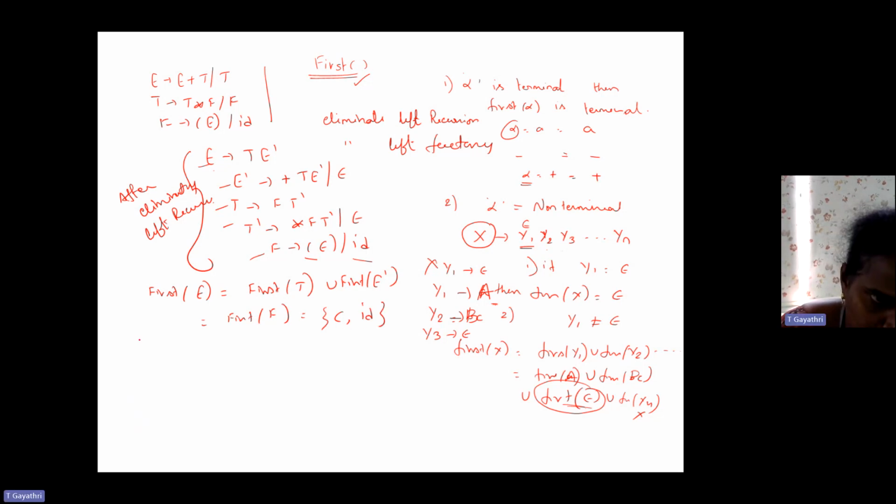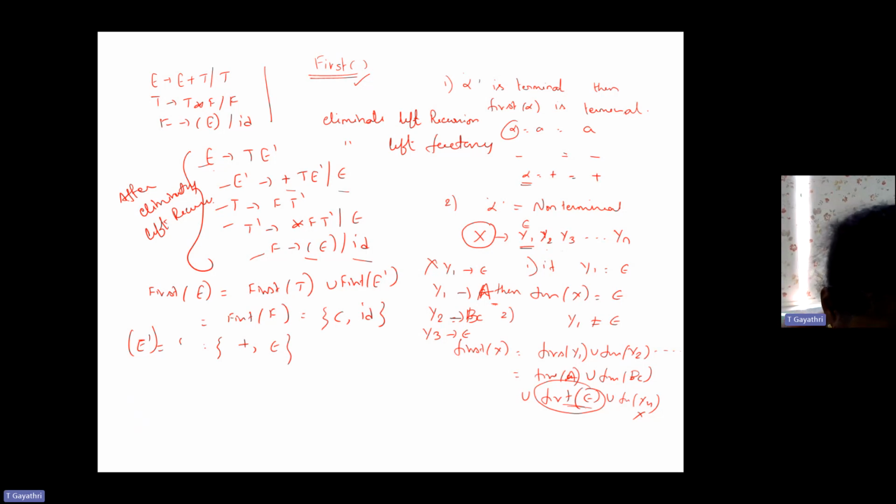Next, for E dash, how do we find the first of E dash? One production starts with plus and the second one is epsilon. Plus is a terminal, so we can give plus and the terminal, and no need to go to the next part.